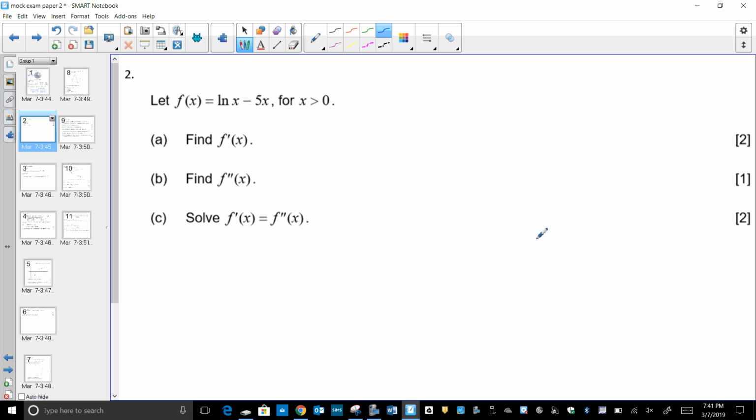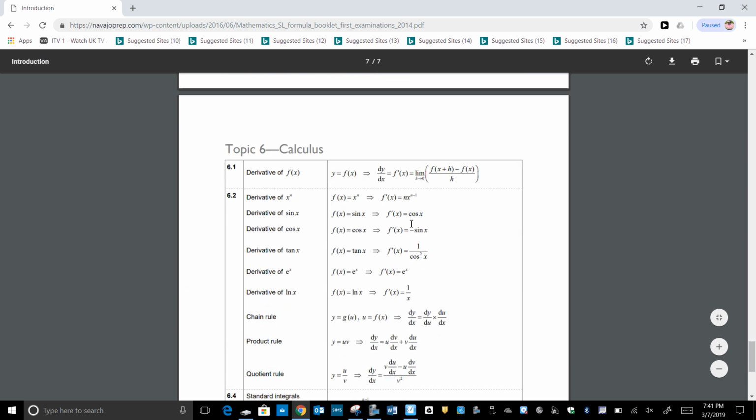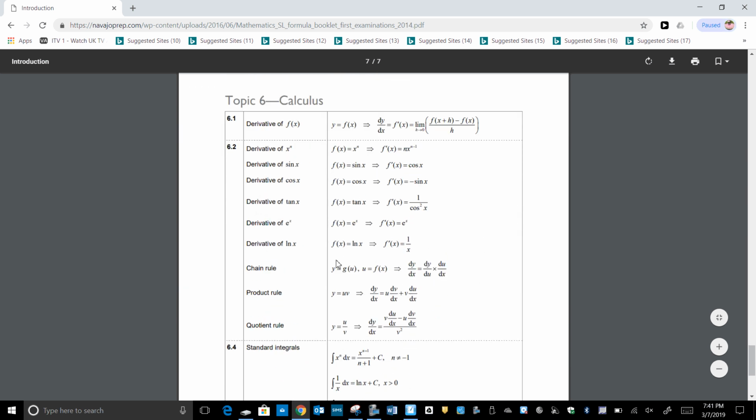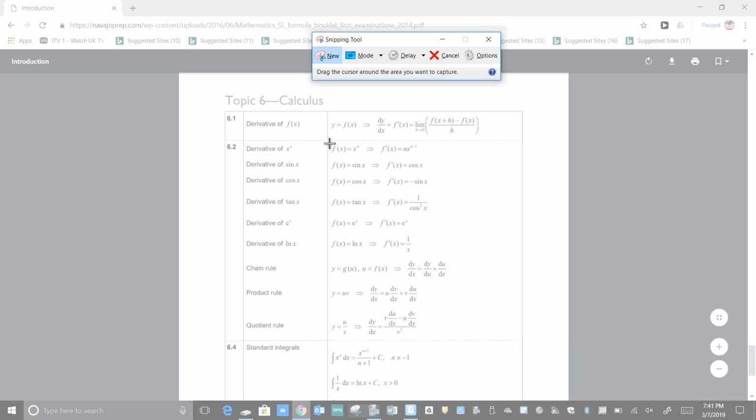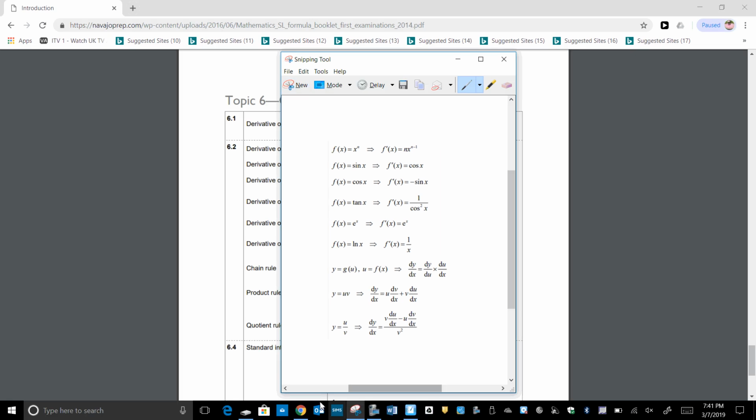f(x), find f dash x. Alright, so let's look at the formula booklet to help us. So we're going to differentiation, calculus. Actually, we just copy all of this.